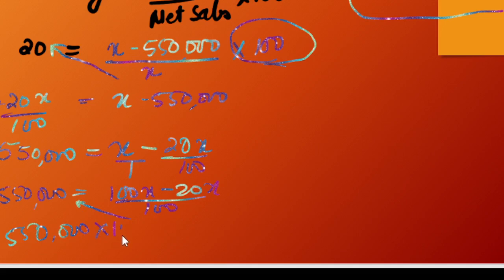So 550,000 into 100 divided by 80 is equal to X. Where is my calculator?